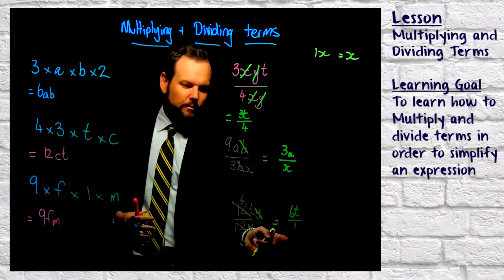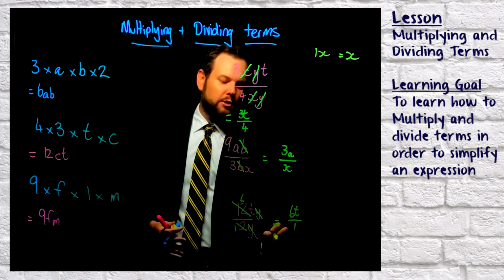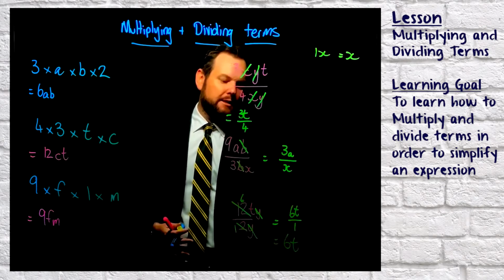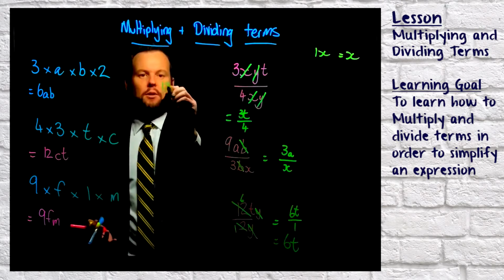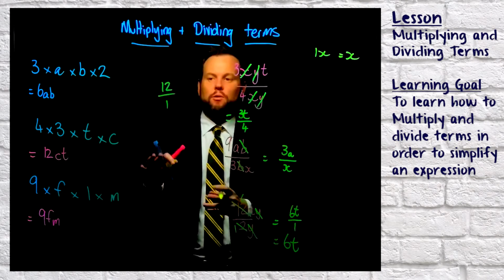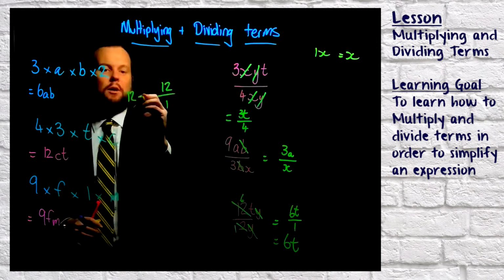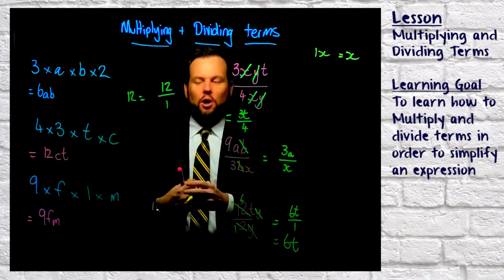Now, when you have a fraction and you divide it by 1, we can just put that answer there as 6t. It's the same as, let's say I'm turning a whole number into a fraction. So 12 equals 12 over 1. You just put the whole number over 1.